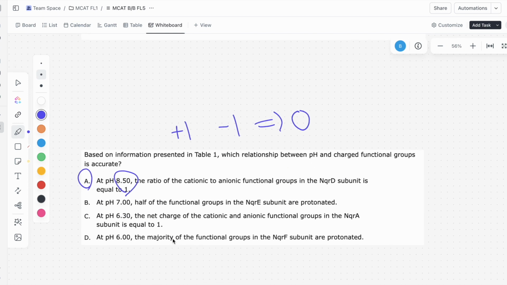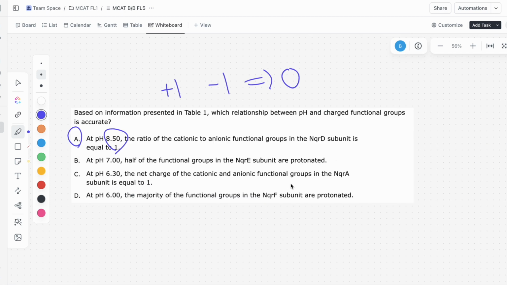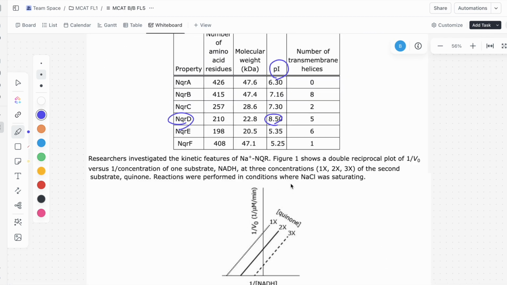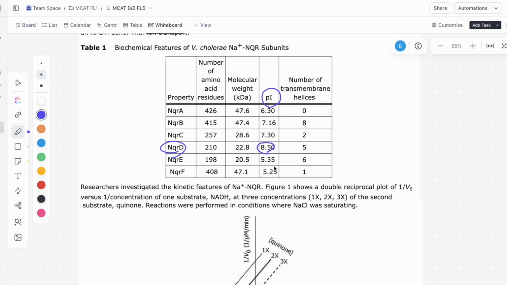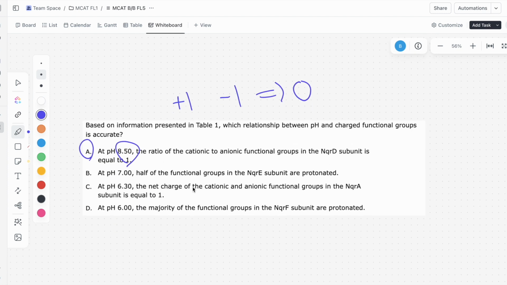But let's take a look at B, C, and D. B says at pH 7, half of the functional groups in the NQRE subunit are protonated. Let's take a look. Or sorry, NQRE. So we have a PI of 5.35, and so a pH of 7 is greater than 5.35, which means you're going to have more deprotonated groups than protonated groups. Here it says half the functional groups are protonated.